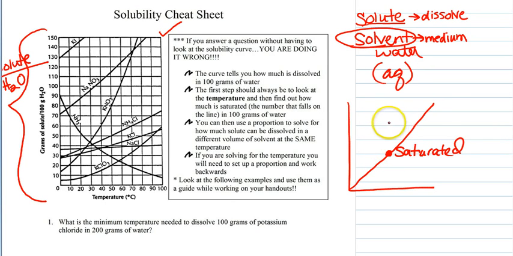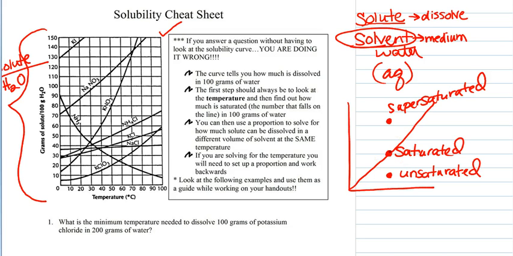If you go above the line and it's not on the curve, that means at that temperature it would be supersaturated, meaning that you have more solute than you need to saturate the solution, so some of it will come out of the solution. Anything below the line is unsaturated. What this means is that you don't have as much solute as needed to fully saturate the solution.